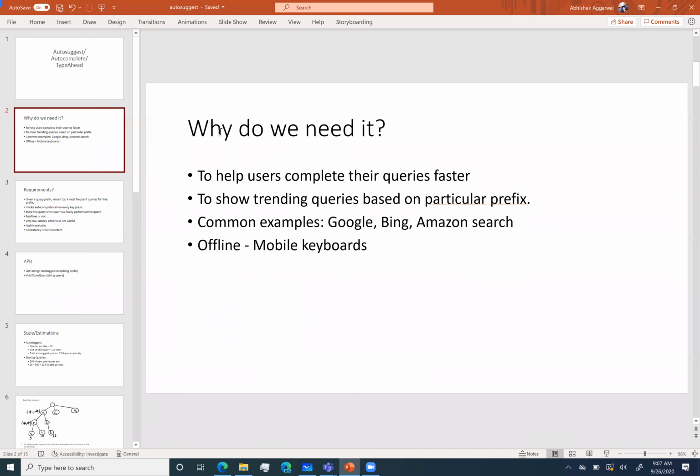Another thing is that sometimes users are also interested in what the trending queries are. Basically, for a given term they want to see what people are searching related to that. For example, if you just type what, you want to see what people are searching starting with what. The common examples you would have seen are on Google, Bing, and Amazon search.